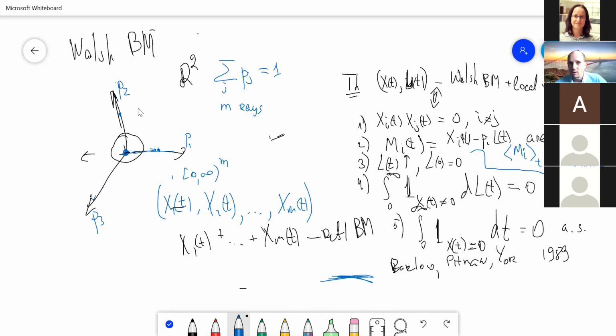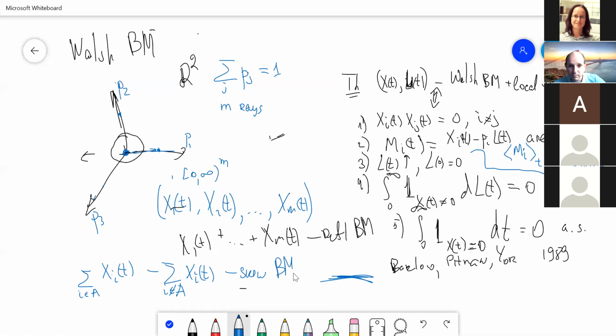It follows just from the definition that if you have a Walsh-Brownian motion, and you consider the following process, the sum of some coordinates with plus and subtract all other coordinates, where A is some set of subindexes, then you get just a Skew-Brownian motion.